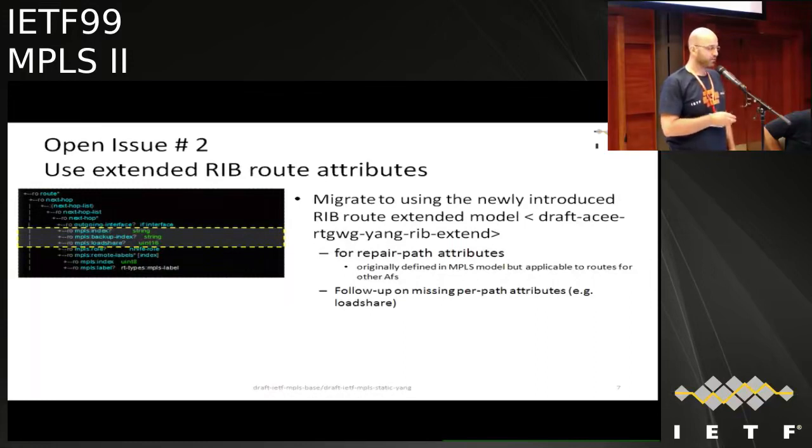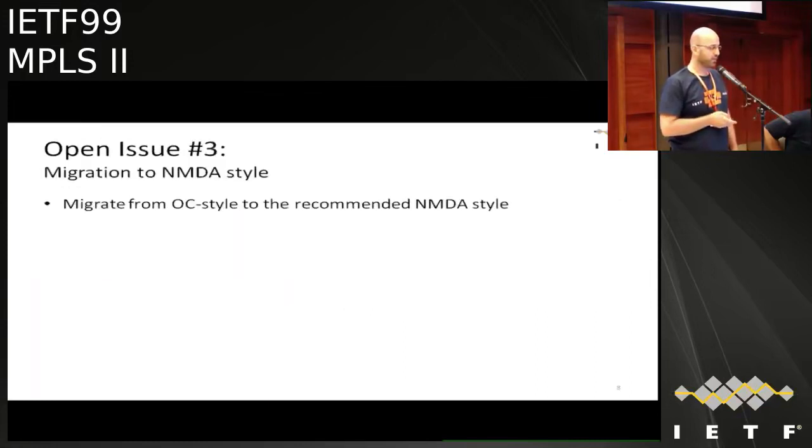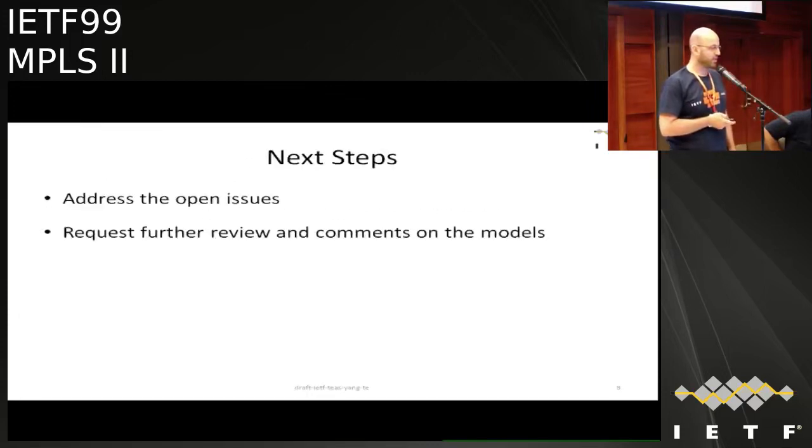There is an open issue to migrate to NMDA. I think the recommendation is to go ahead with that, and we will do that. So those are the next steps to address the open issues that I presented, and we request further review and comments from the working group. Thank you.